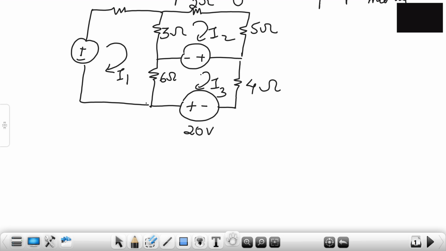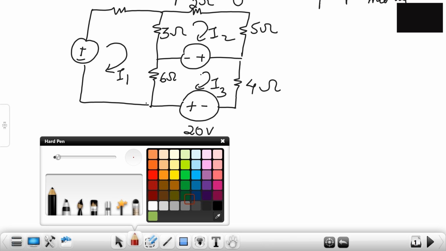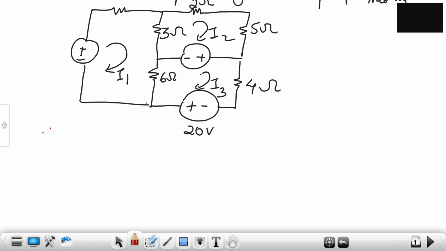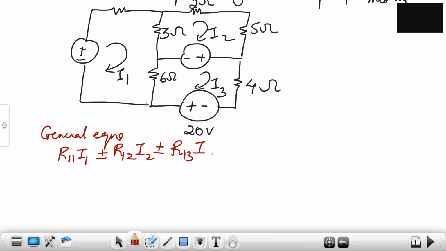Okay. Let's write the 3-mesh network general equations. R11 I1 plus or minus R12 I2 plus or minus R13 I3 is equal to VA. Equation 1.